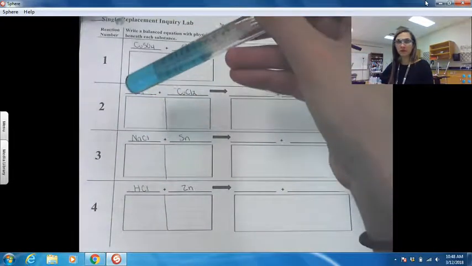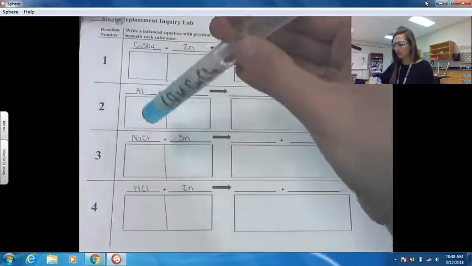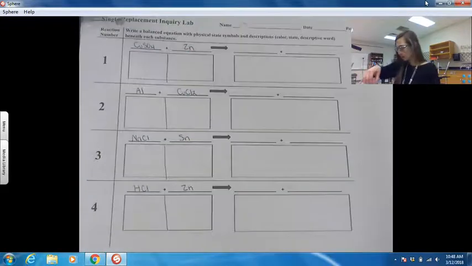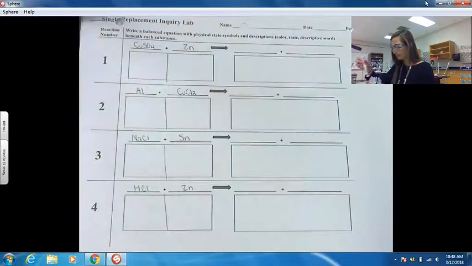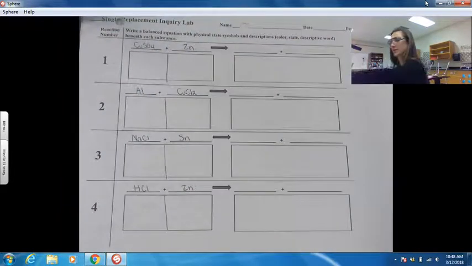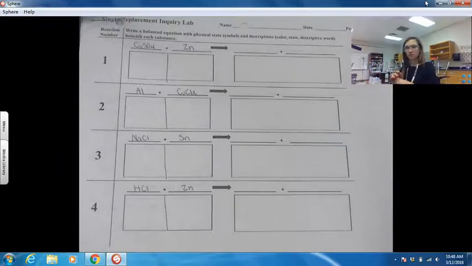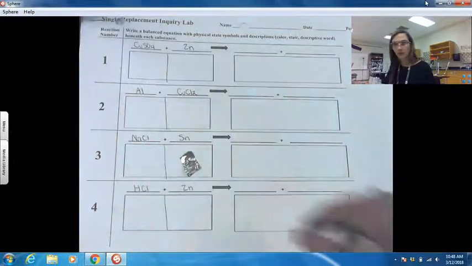It should have a very similar description to copper sulfate. Then we have NaCl, which is a clear, colorless solution. And we are reacting that with tin, which looks like that.